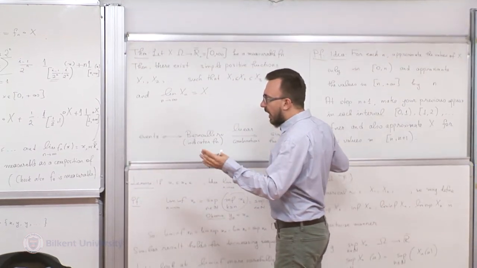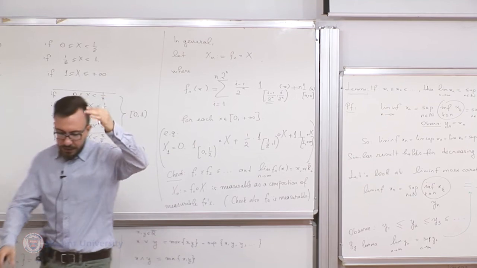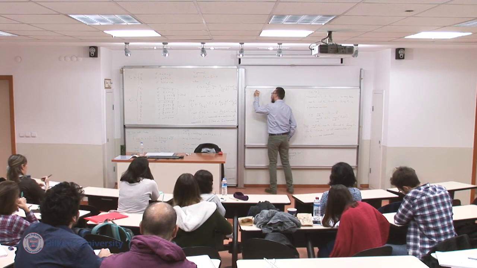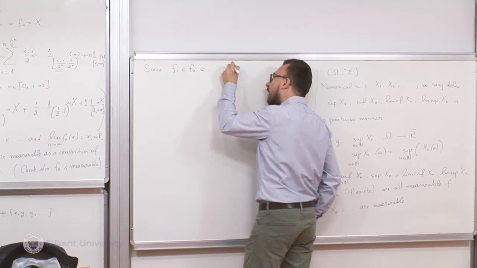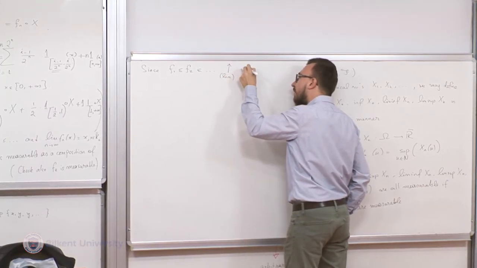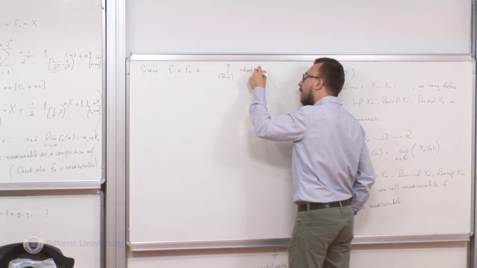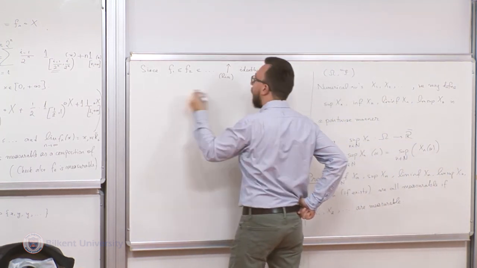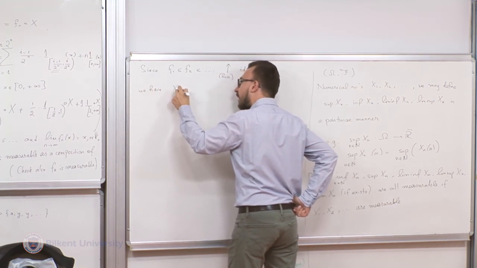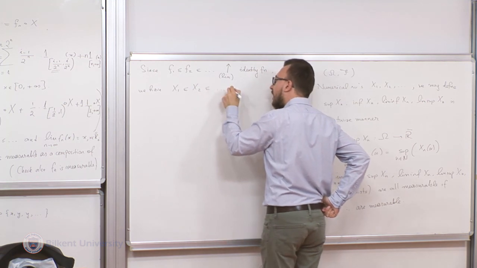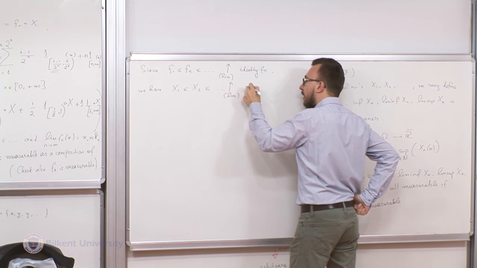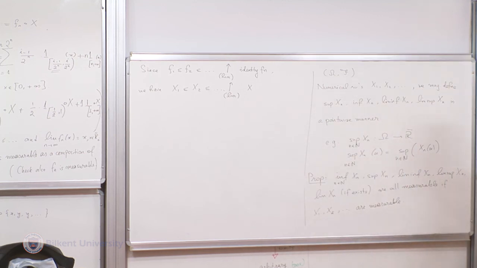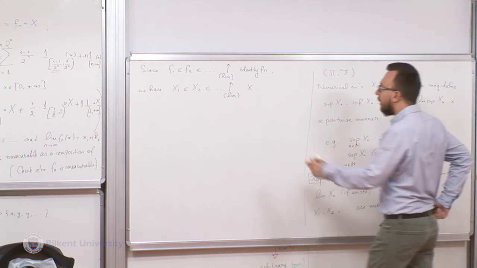And finally, since f1 is smallest, f2 is bigger, f3 is bigger, and they converge to the identity function, which is f(x) equals x, we have x1 is less than x2, etc., and they converge to x, which is the identity function applied to x. So that's what we claimed.